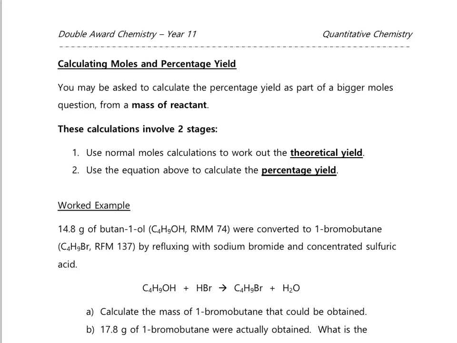But essentially what we're doing is 2 stages. The first stage is to use our normal moles calculations, either our reacting mass calculations, or if you're given the mass of 2 of your reactants, you'll need to use limiting reactant moles calculations. So you can make a note that that's what we mean there, but you'll see that in the examples. And the value that gives us is the theoretical yield.